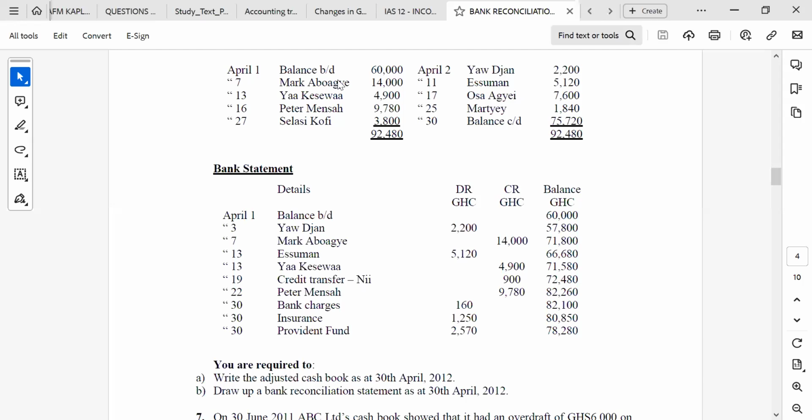Okay, so let's do that together. We have the bank reconciliation statements.